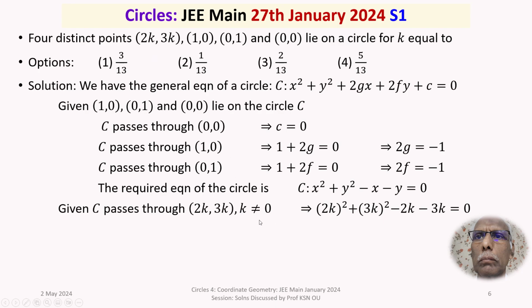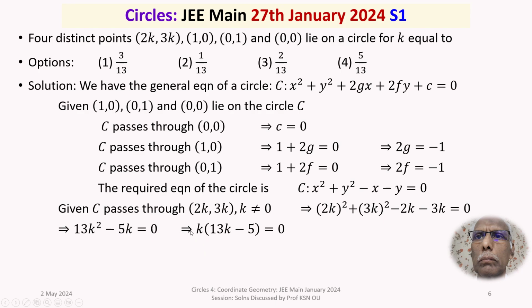Agreed. Now, substitute 2k for x, 3k for y in this equation. Then you will get (2k) whole square plus (3k) whole square minus 2k minus 3k is equal to 0. And this will be 4k square plus 9k square, that is 13k square, minus 2k minus 3k, minus 5k is equal to 0.